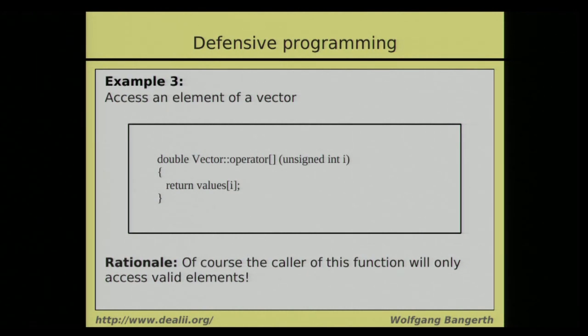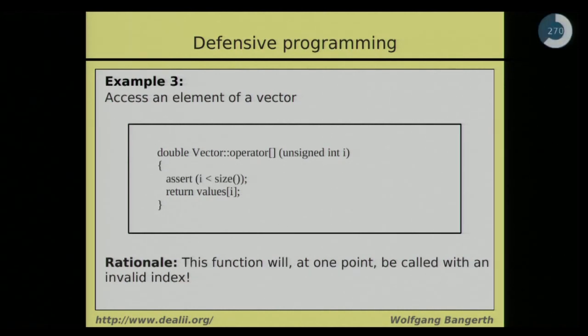It would be much easier if we just anticipated that these sort of errors happen and guard against it. That's defensive programming. So the approach would be to have an assertion that makes sure that the index we are accessing is indeed less than the size of this vector.